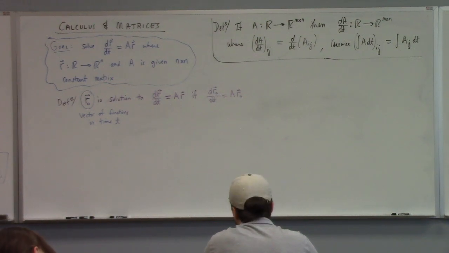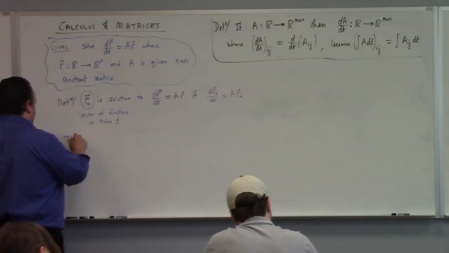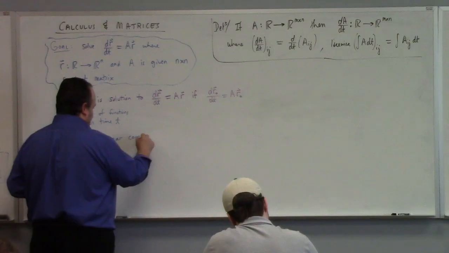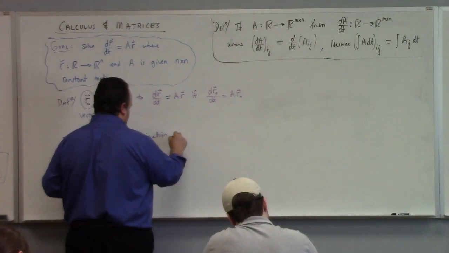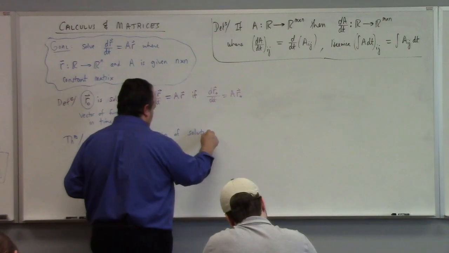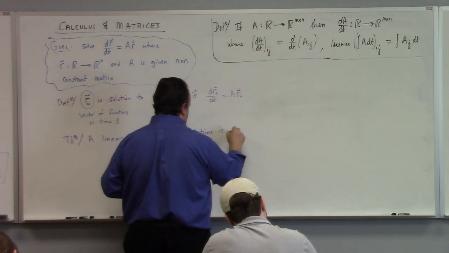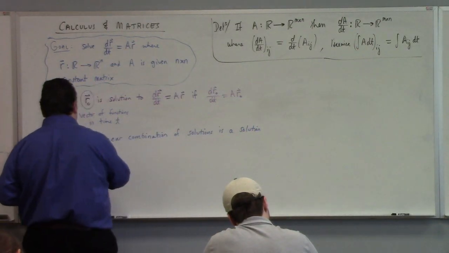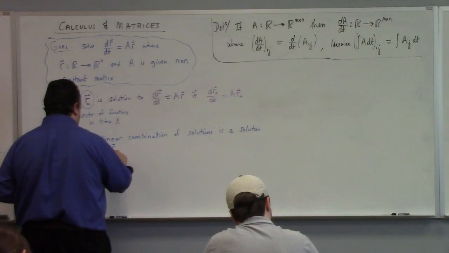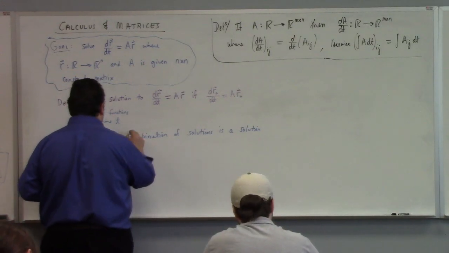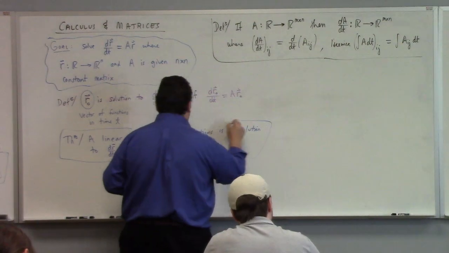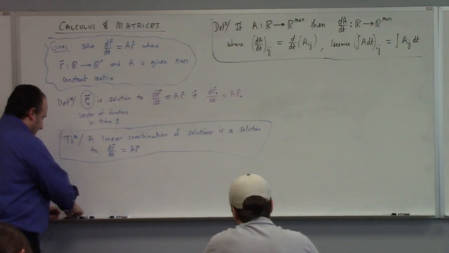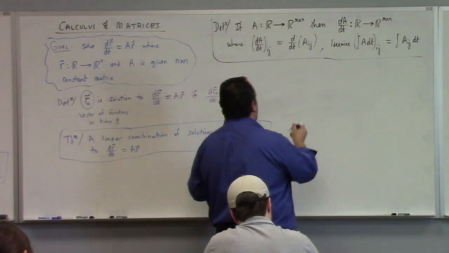So, theorem. A linear combination of solutions is a solution to dR/dt = AR. That's a theorem we can prove. All right, let's work that out. So the proof goes like this.